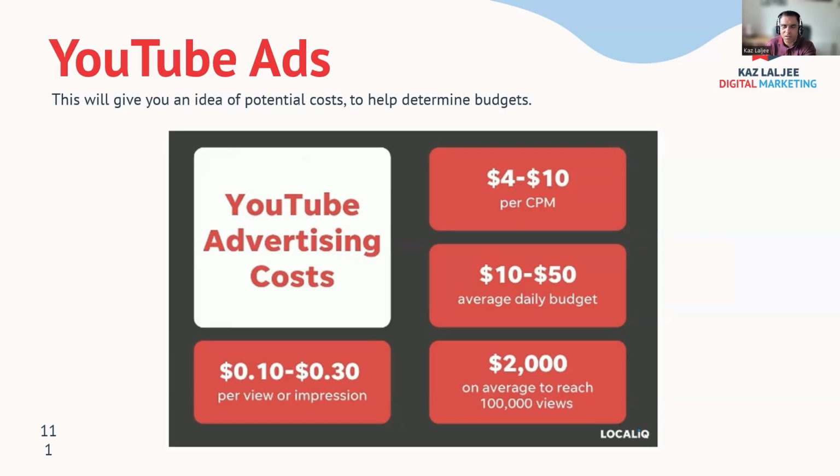So what is the cost per thousand people that are reached? Average daily budgets, how much you want to spend a day. On average, to reach 100,000 views. So if you want 100,000 views, Google are giving you an idea of what it's going to cost. And then cost per view or impression. So an impression is when it's seen, and the view is when it's watched. And this is a really nice one created by Local IQ.